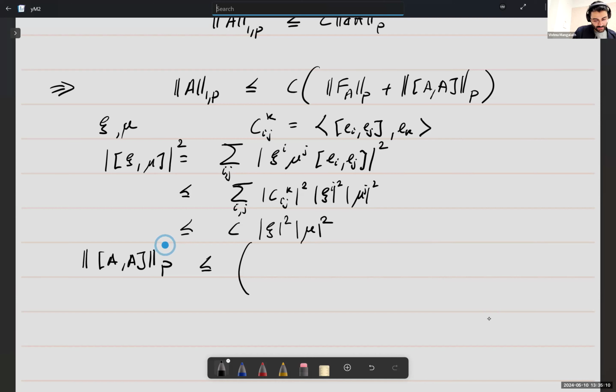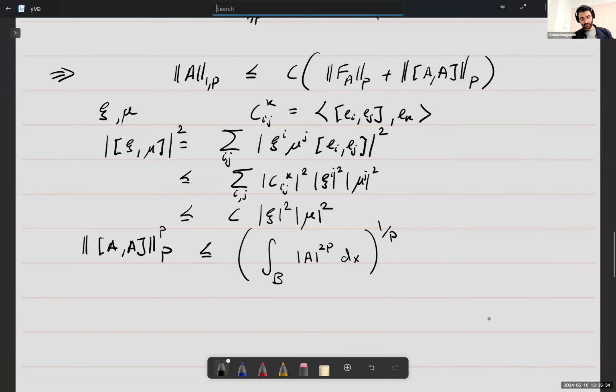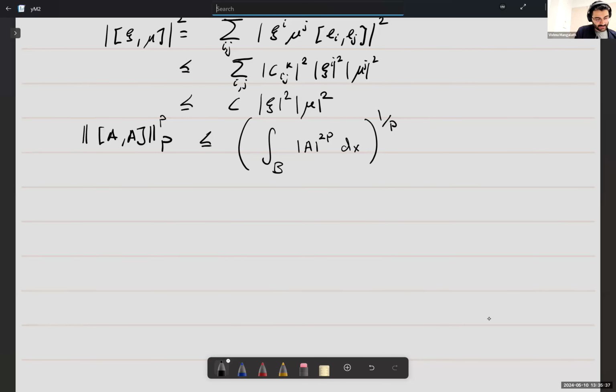Why have I put a squared P? Integral of B of A squared. Okay, so that's coming from this part goes to A squared, so A times A, so we get A to the 2P dx 1 on B. Okay, so basically that's equal to A 2P squared.